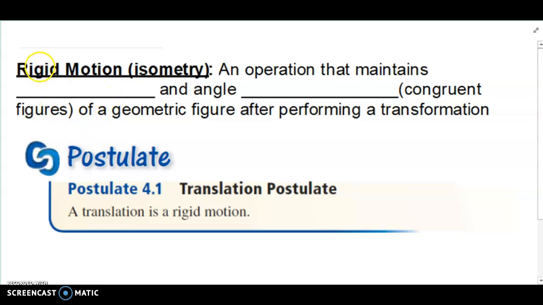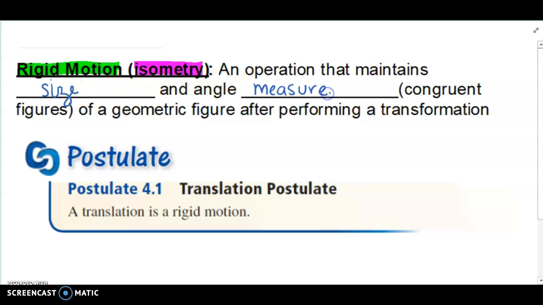All right. So here we have a vocabulary word, the rigid motion. I believe our book calls it a rigid motion. Most other books call it an isometry. Either way, they're the same thing, just a different word for it. So anytime you see either one, it means the same thing. And all that is just an operation that maintains size and angle measure.